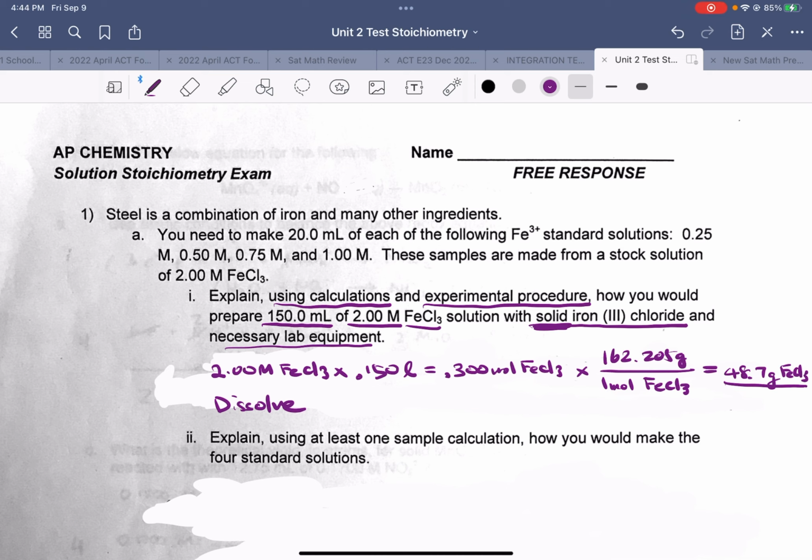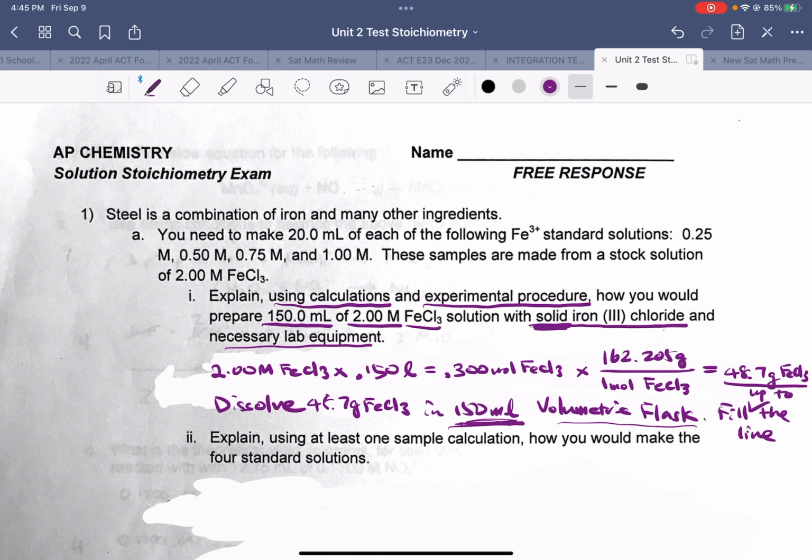So dissolve 48.7 grams of FeCl3 in a 150 milliliter volumetric flask, and then fill up to the line, which is 150 milliliters, using that exact 150 milliliter volumetric flask. That's what you have to do.